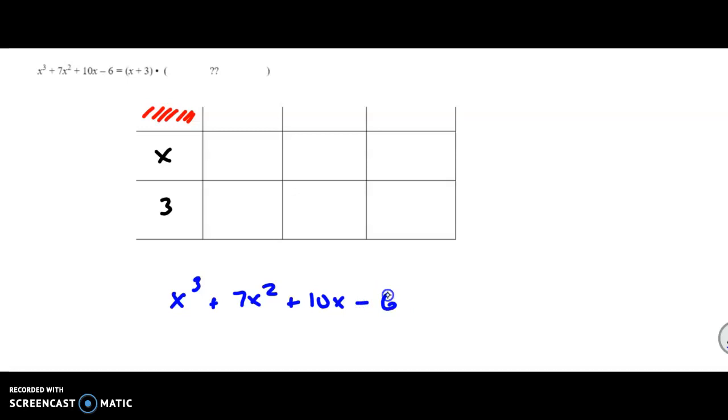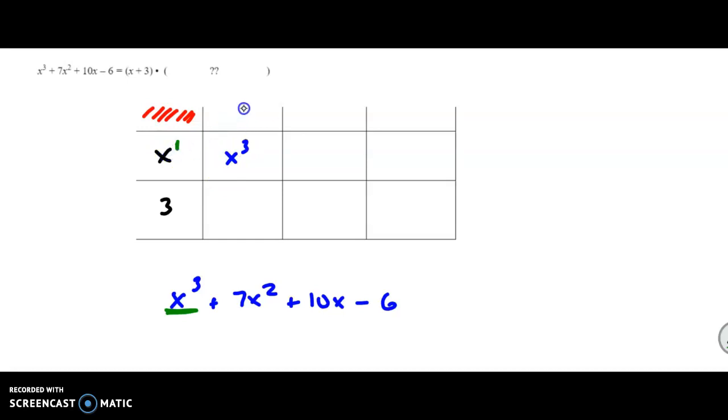Okay. So we're going to start with this first term, right? x to the third. Well, how do we get that? I know that this is x, right? Because it's from x plus 3. So this x times this first term is equal to x to the third, right? So I'm thinking x times what is x to the third? Well, I know that this x has an invisible 1, right?